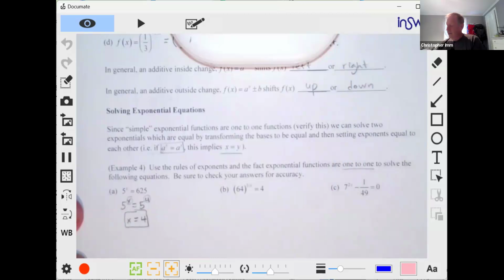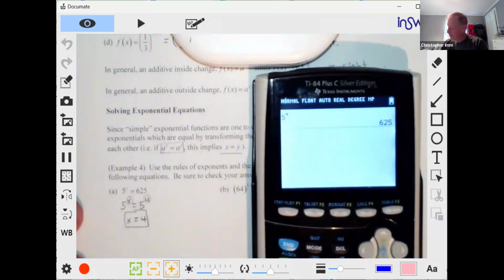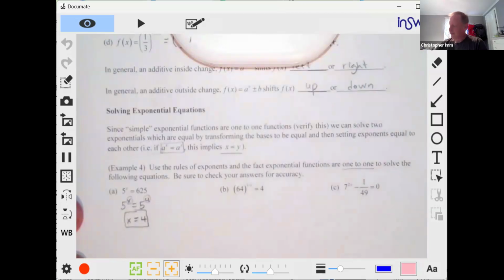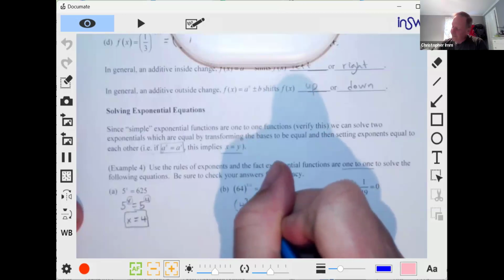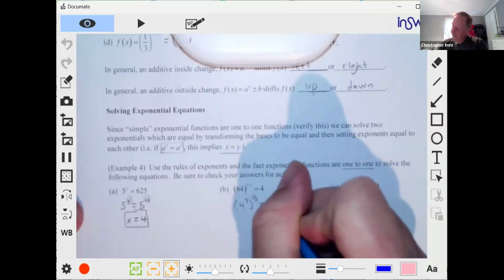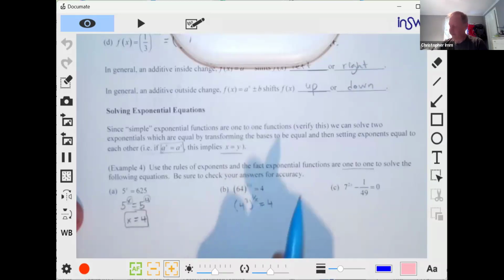Okay, what about 64? We can write that as 4 to a power, right? 64, isn't that just 4 cubed? It sure is. So I'm going to replace that 64 by 4 cubed. And now I'm going to use the rules of exponents: when I have a power raised to a power, we multiply those together, right?